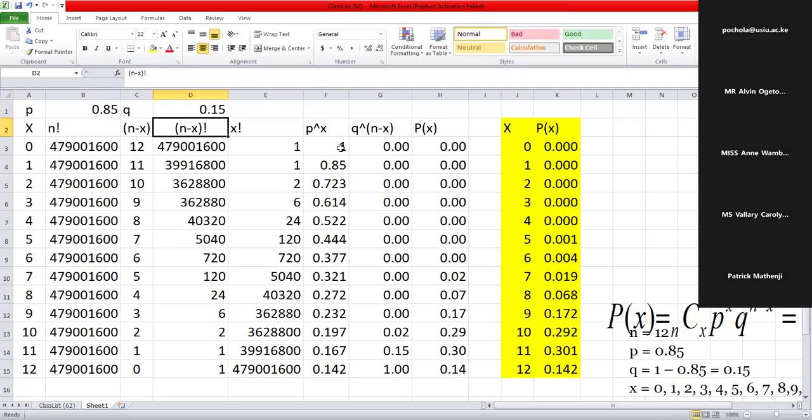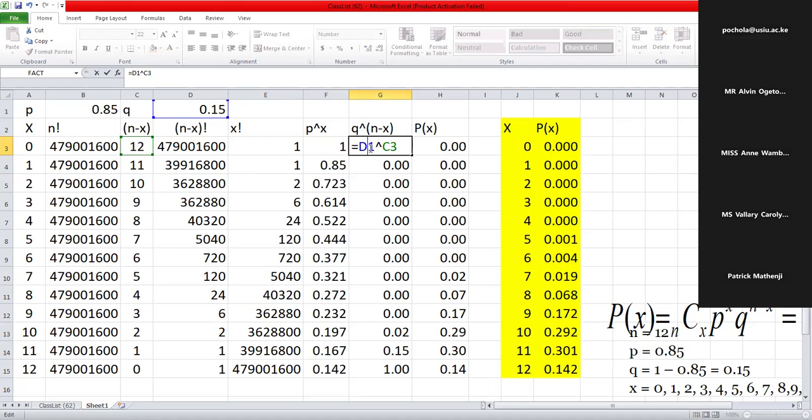I want to build it inside here. You'll see why I'm doing that in a minute. So this is 0.85. What is not changing here is B1. Instead of 15 here, I pick this one here.